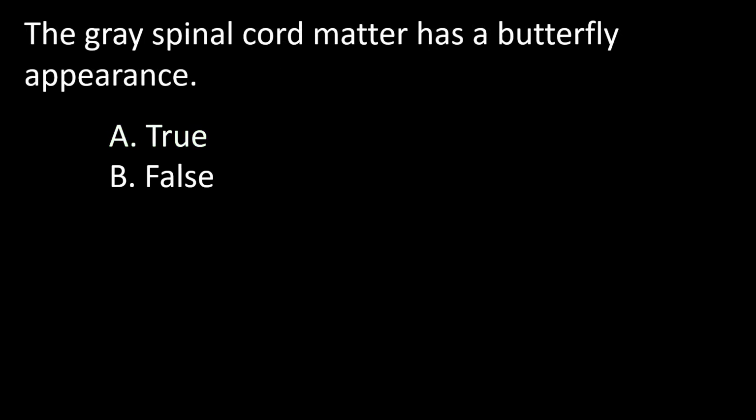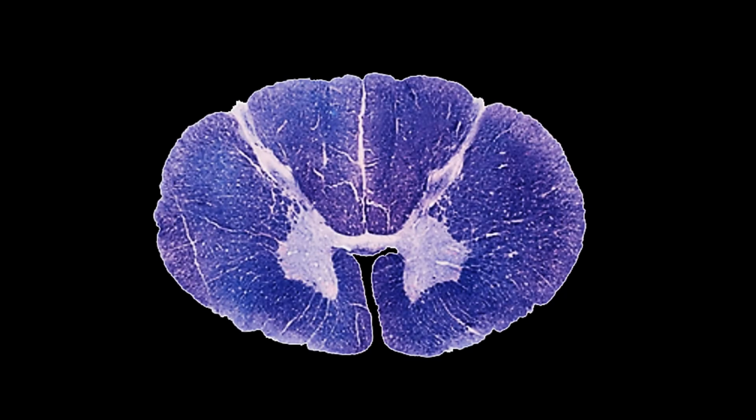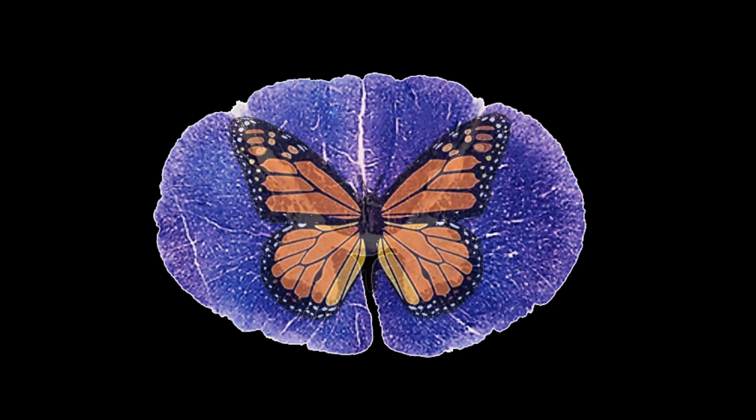Next question. The gray spinal cord matter has a butterfly appearance. A true, B false. This specimen corresponds to a transverse cut of a cervical spinal segment. The gray matter, as you can see with a little imagination, resembles a butterfly.